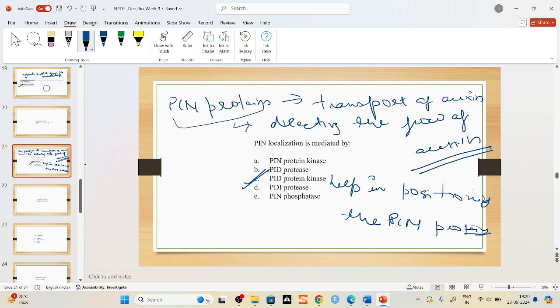So whenever we try to solve a question, we should not only mark the correct answer. You should also try to get the concept, the theory behind the question. Just by looking at the question that PIN localization is mediated by PID protein kinase, you should know the before and after of the question. You should know the background of the topic, because like this only you will get through questions.